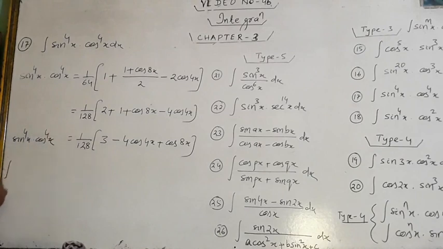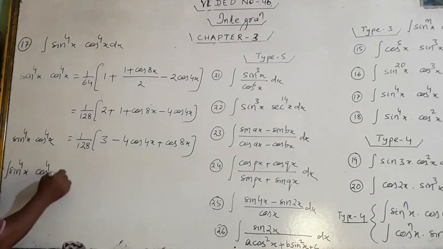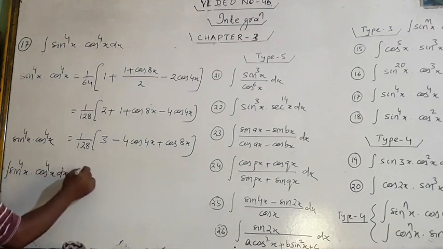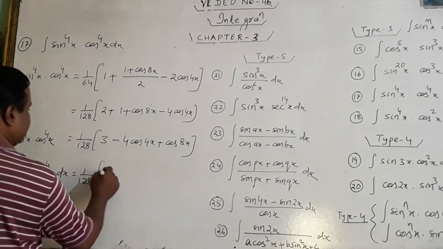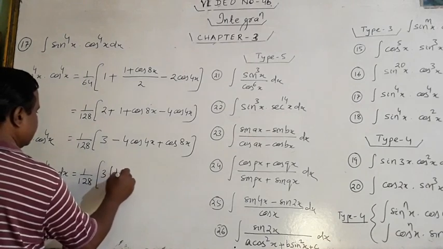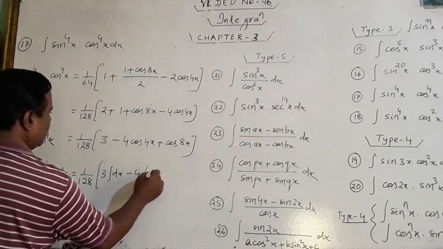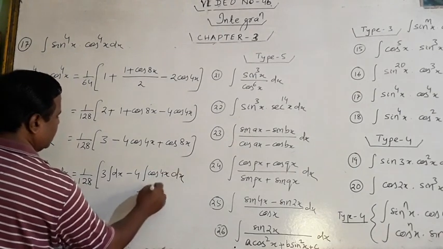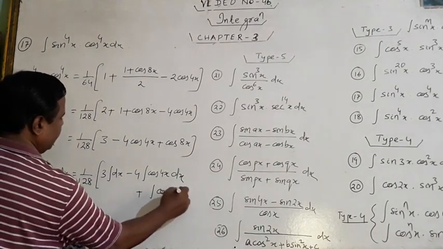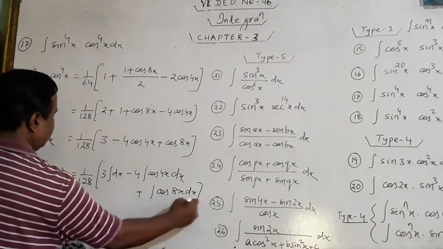Now if you integrate it, sine 4th into cos 4th dx, its integration is 1 by 128 times the integration of 3 dx, minus 4 times the integration of cos 4x, plus the integration of cos 8x dx. What is the result?